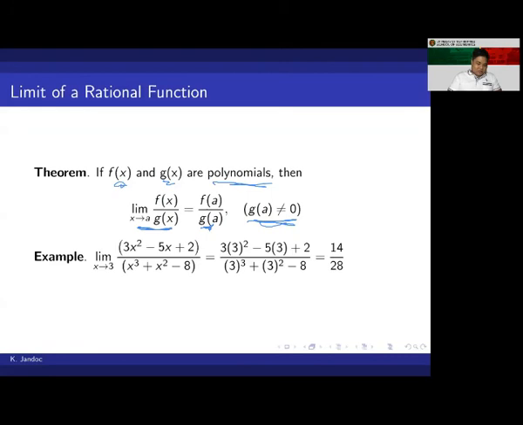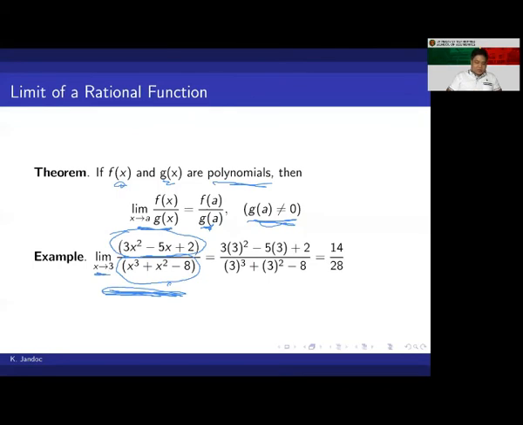Okay, so for example, you have this polynomial over here. This is your f of x, 3x squared minus 5x plus 2. And this is your g of x over here, another function, x cubed plus x squared minus 8. You want to get that limit as x approaches 3.